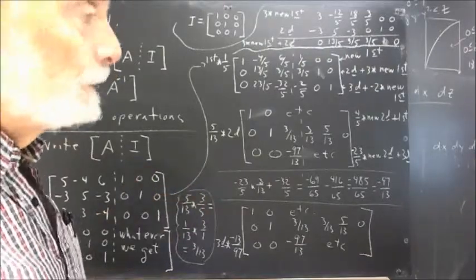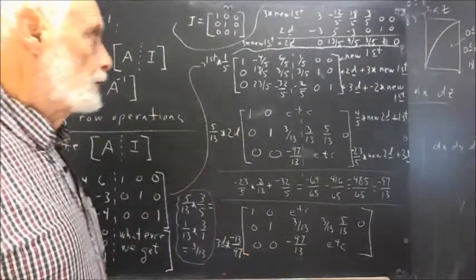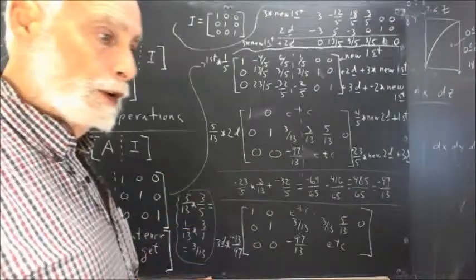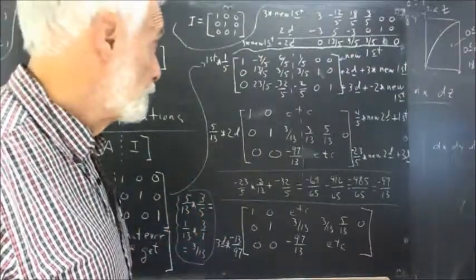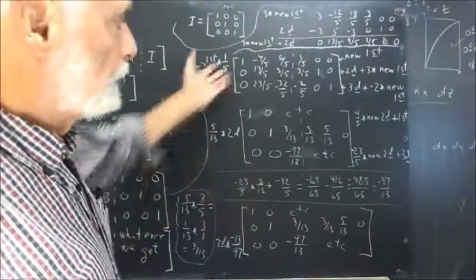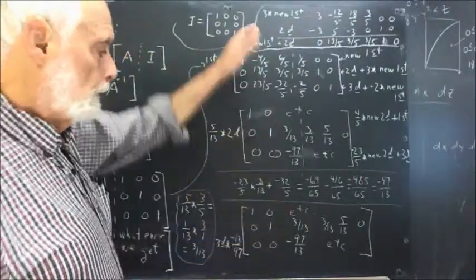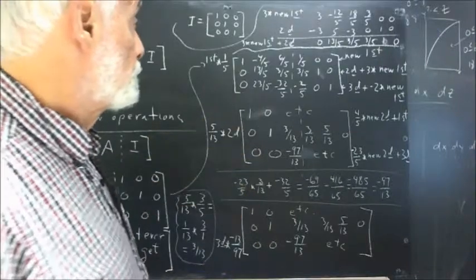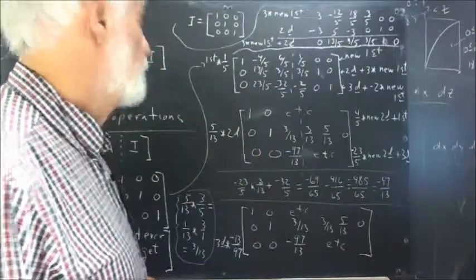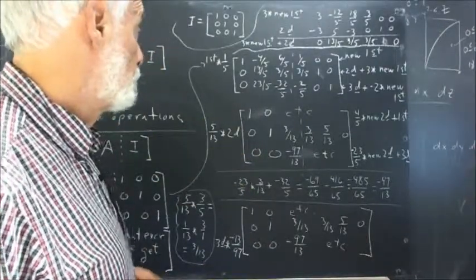We put calculators in students' hands. We don't ask them to actually do any fractions after they're about 11 years old, and they get to college and they can't do this. However, it's an easy thing to learn, and in the process of doing some of these matrices, if you don't know how to do it, you should be able to learn it fairly easily.